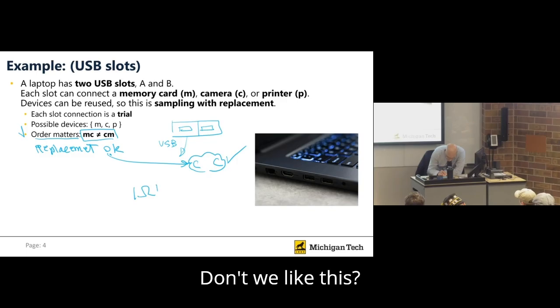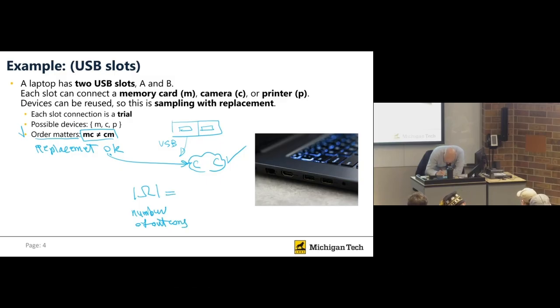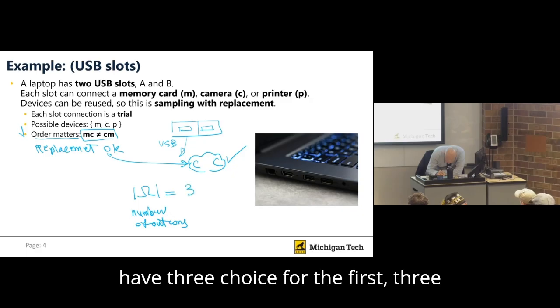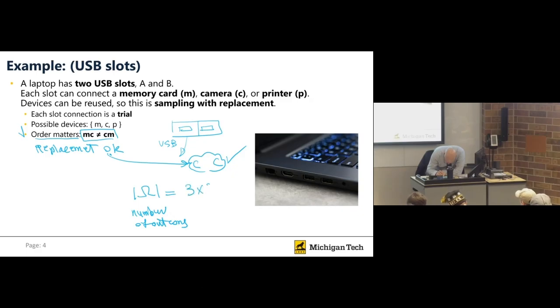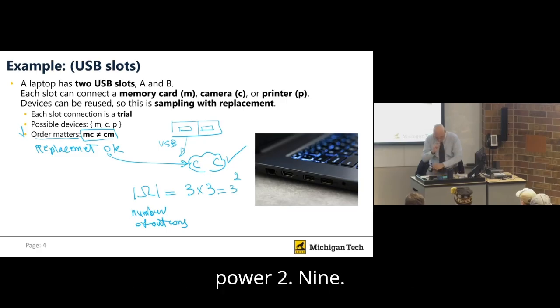The number of outcomes is, you have three choices for the first, three choices for the second, so it's going to be 3 power 2, which is 9.